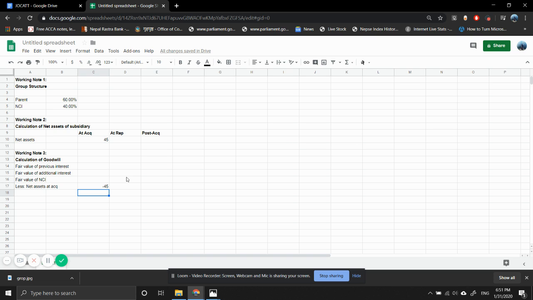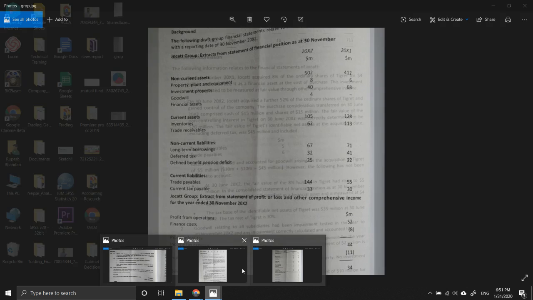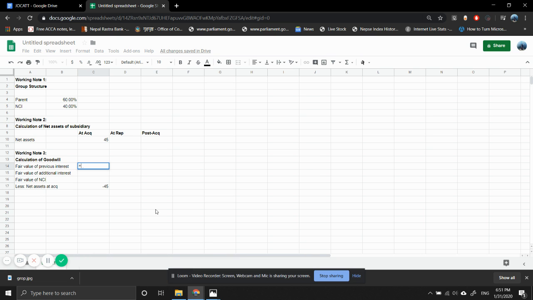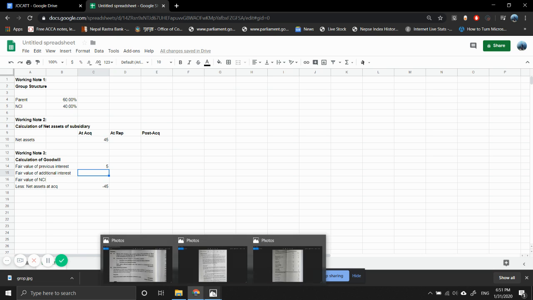So what's our previously held interest? Previously held interest has risen to 5 million, right? So it's 5 million, okay? And then after that, what's the additional interest?